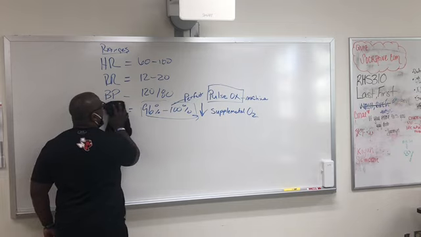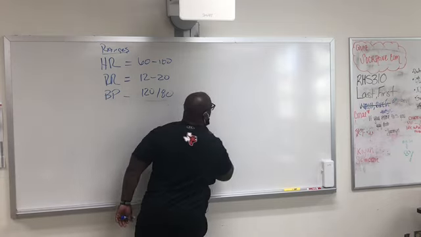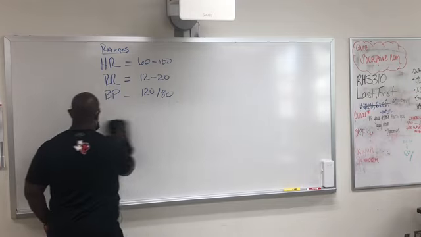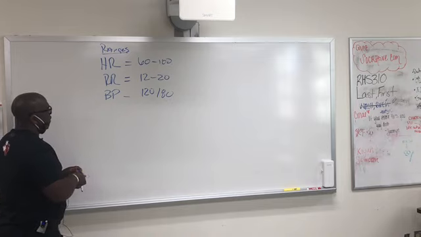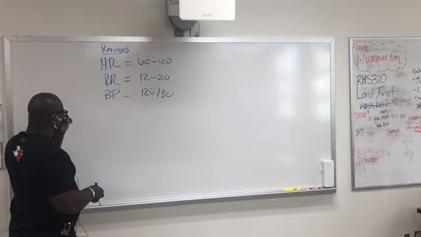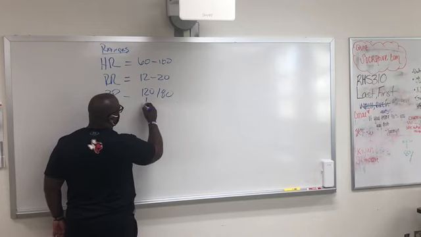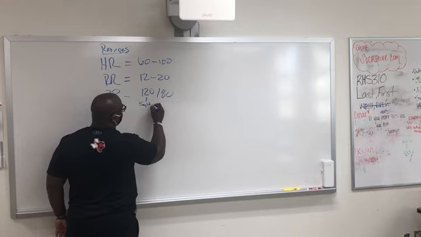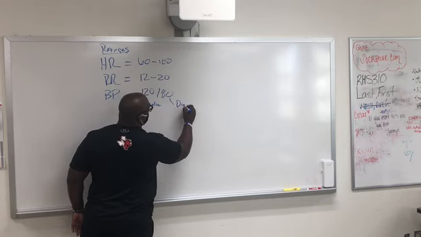All right, we got saturation, blood pressure. Let's stop right here. We got layers to blood pressure, right? So in a perfect world, this is called the systolic. This is called the diastolic.